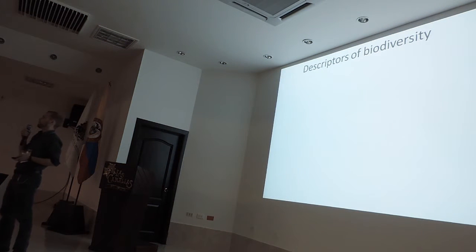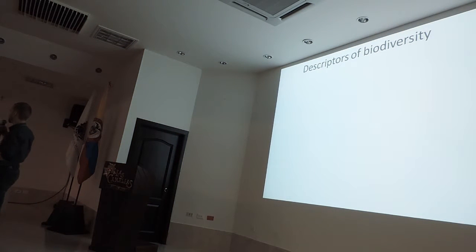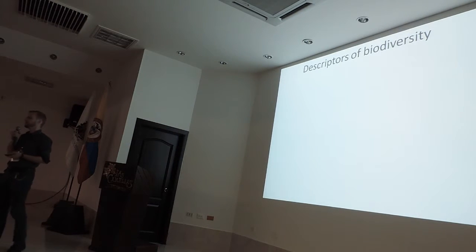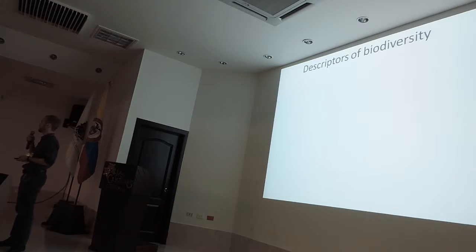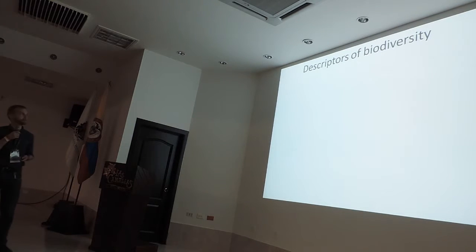If you want to analyze the kind of patterns that Henrik just described, it's necessary to break them down into tractable descriptors of biodiversity that can be related to predictors.